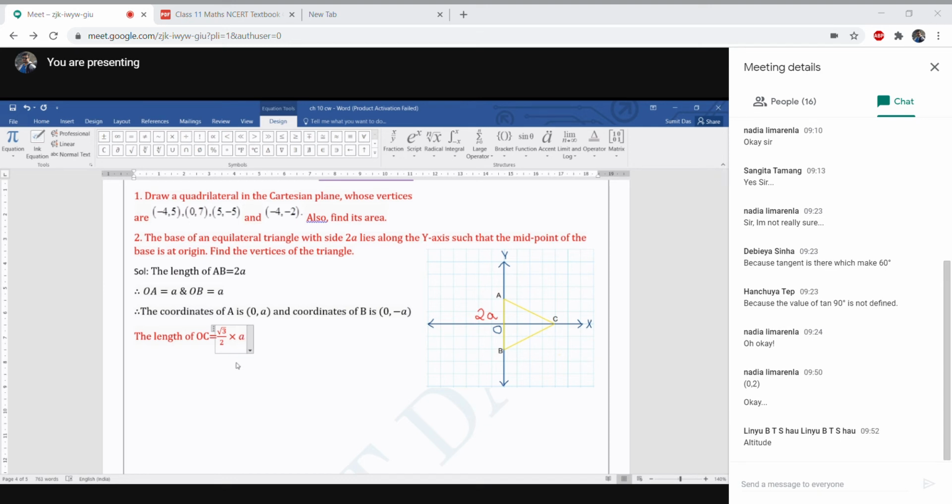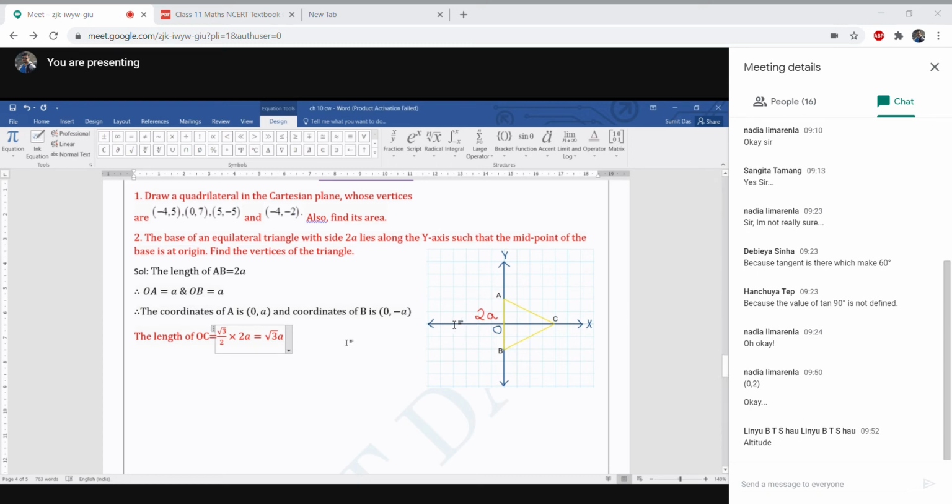Okay, what is a here? Here the value is 2a. So it will be equal to root 3 a. This is the altitude.